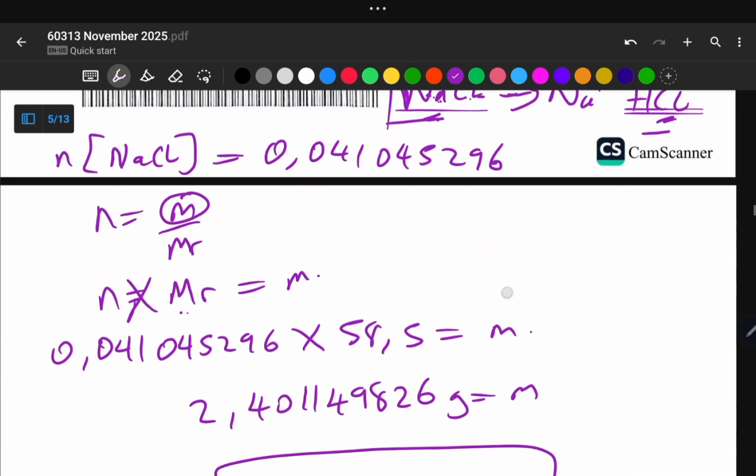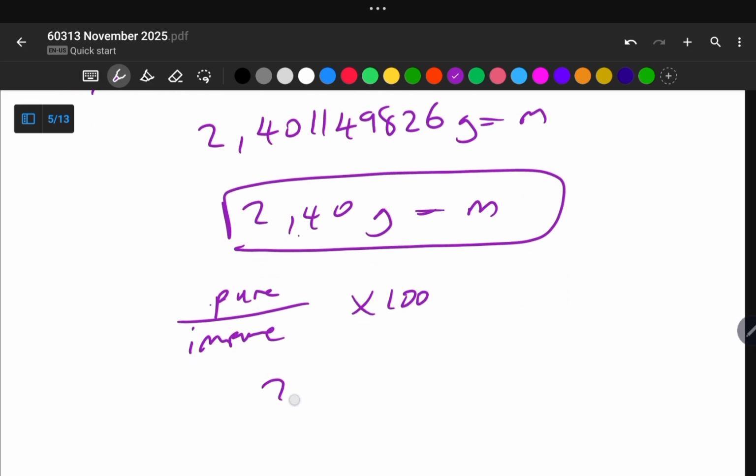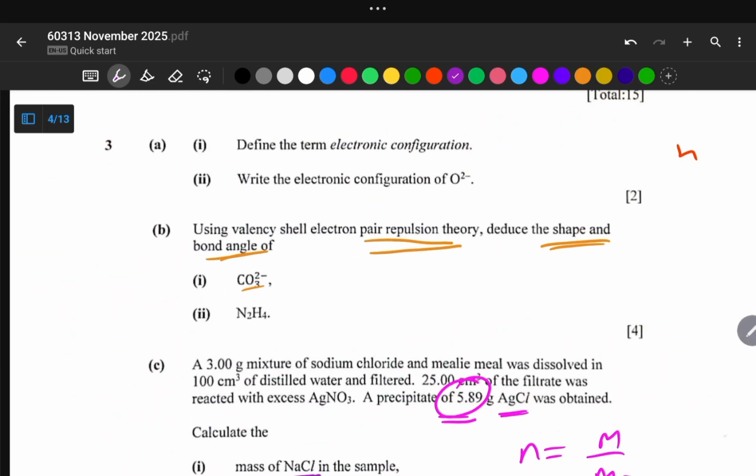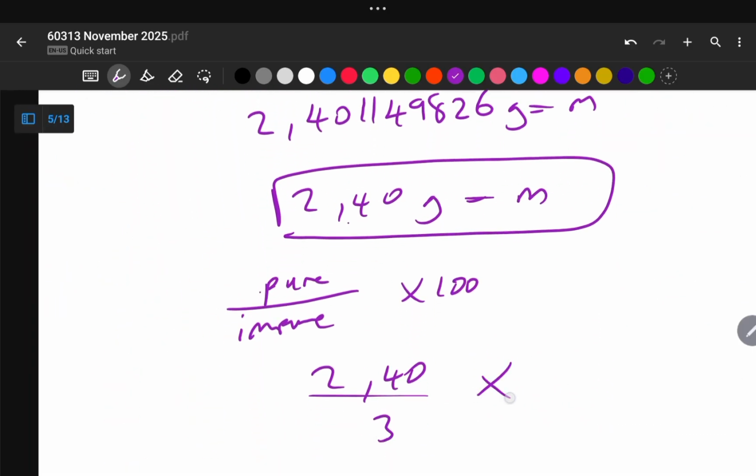So percentage purity is the mass of the pure sample over the mass of the impure sample multiplied by 100. The mass of the pure sample is equal to 2.40 over the mass of the impure sample, which is the mass of the mixture, right? So over 3 multiplied by 100.